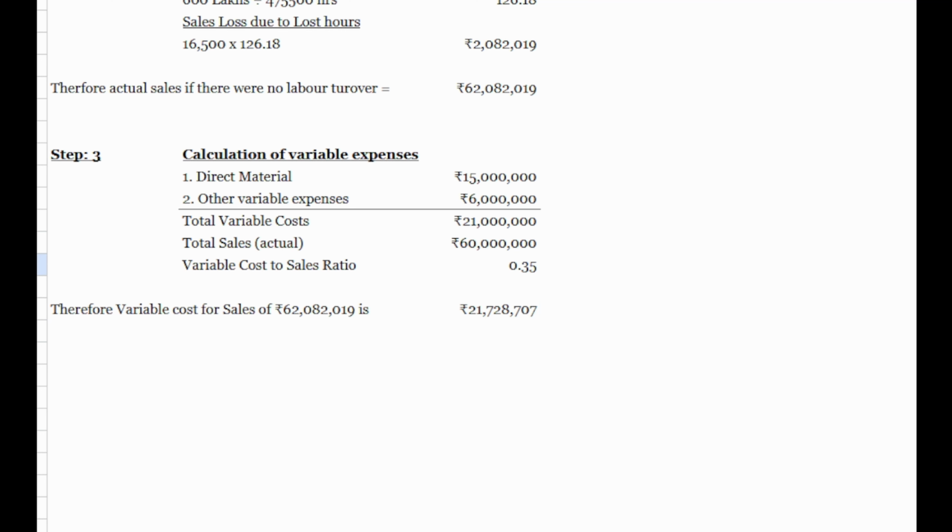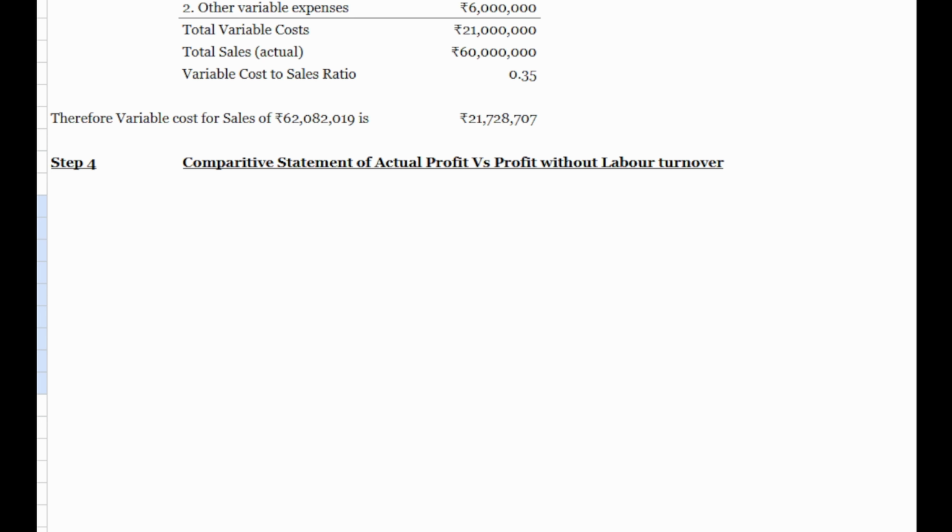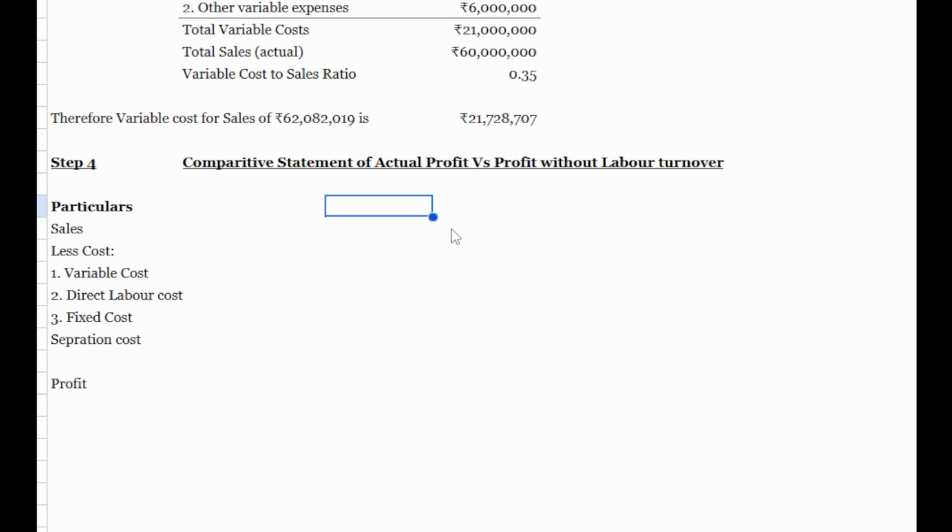Next step, we can go and create the comparative statement. Under particulars, we will write sales less all the costs, which will give you profit. You make two columns here. One is the actual data, another is the data without labor turnover. Sales with actual data is 600 lakh. Then variable cost. Actual variable cost is 210 lakh plus direct labor cost is 48 lakh and fixed cost is 80 lakh.